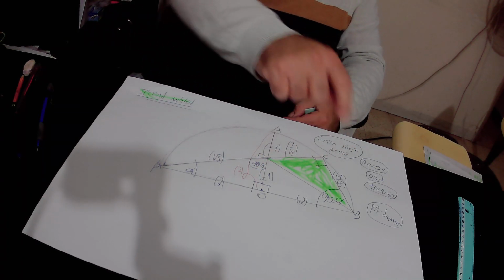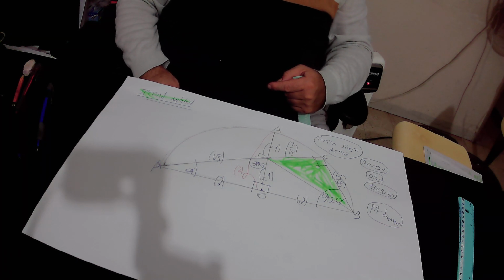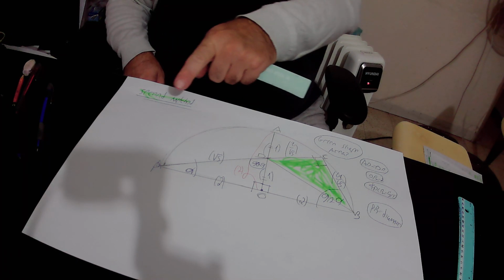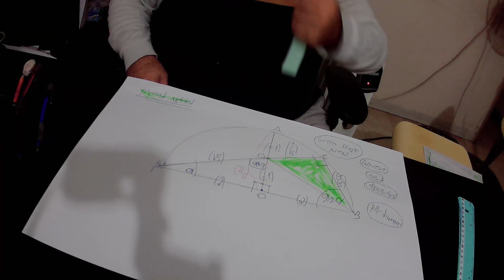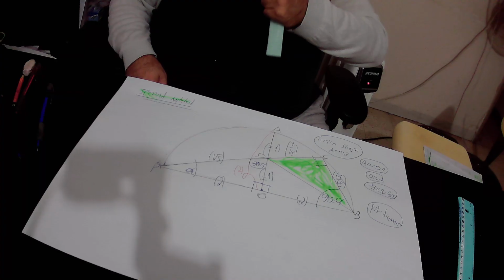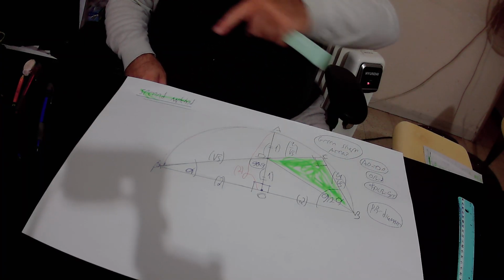Because we know that PB is the diameter of the semicircle, it is a chord that passes through point O, the center of the semicircle. We know that any chord that passes through the center of a semicircle or circle must be the diameter. So PB is the diameter, it is absolutely a straight line.